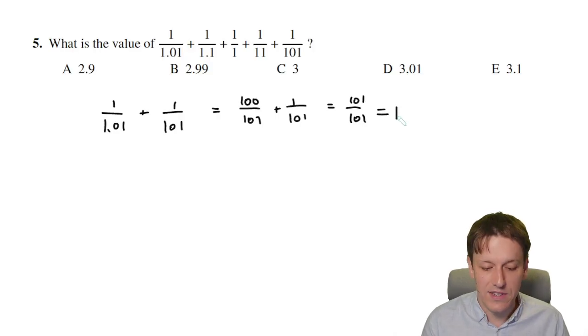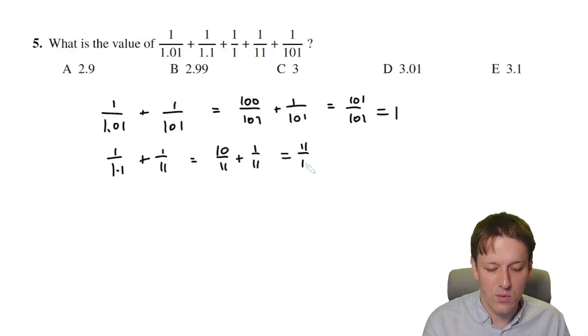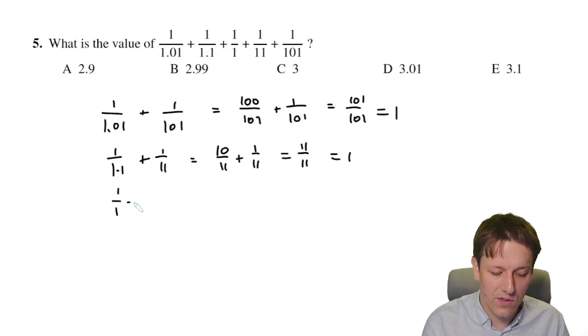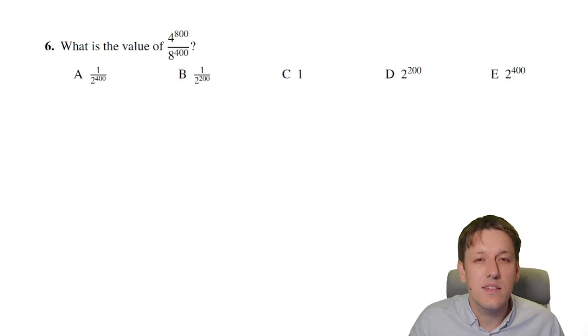So those two together give us exactly 1. And then 1 over 1.1 plus 1 over 11, in the same way that's 10 over 11 plus 1 over 11, which is 11 over 11, which is also 1. And of course 1 over 1 is also 1, so I've got 1 plus 1 plus 1, and the answer here is C, 3.